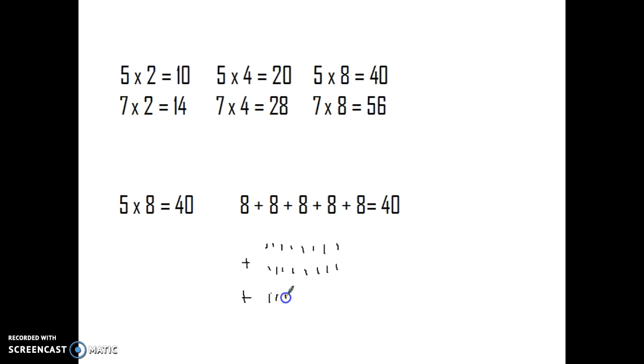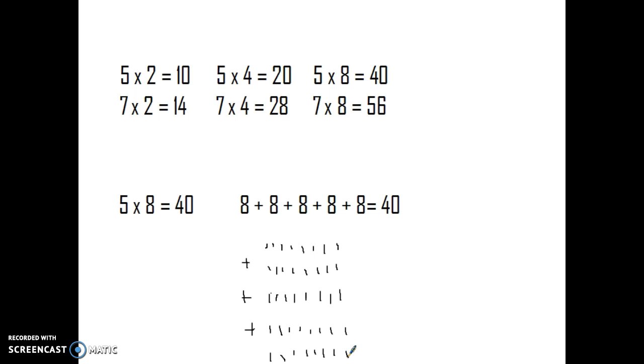I keep saying it, but it's so important to get that in your head, that all multiplication is repeated addition. And why is that important? Because if you ever get stuck on a problem and you can't remember what it is, you can always add up the number given however many times it says. 1, 2, 3, 4, 5, 6, 7, 8. How many rows do I have? This is 8 times 1, 8 times 2, 8 times 3, 8 times 4, and to get 5, I need to put one more row down here. 1, 2, 3, 4, 5, 6, 7, 8.